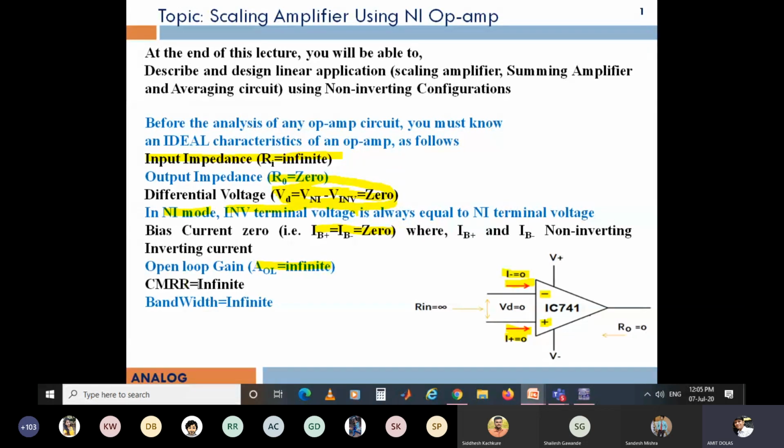CMRR is infinite and the bandwidth of the op-amp is infinite, out of which we will be using Ri infinite, differential voltage 0, bias current 0, and both the non-inverting and inverting terminals will have the same voltage. These ideal characteristics will be taken into consideration while analyzing op-amp circuits.